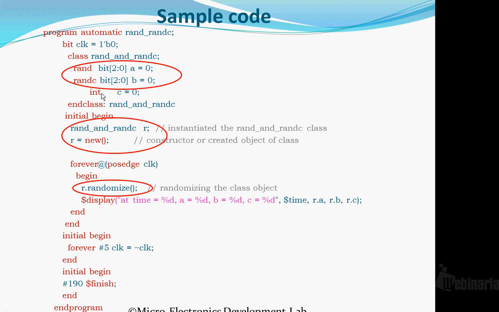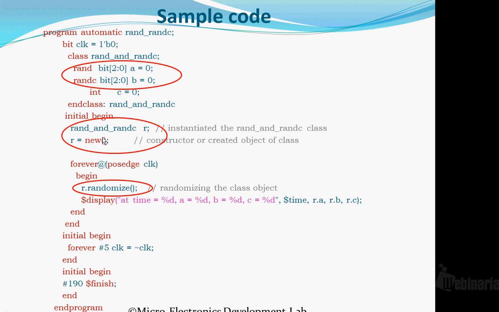Coming to step 2, in the initial begin block, I have created an instance, or you can say a handle, of this class with the name R. Then using the new operator, I have created the object of this class rand_and_randc. So up to this point I have qualified the class properties with the rand and randc qualifiers and created the object of this class.